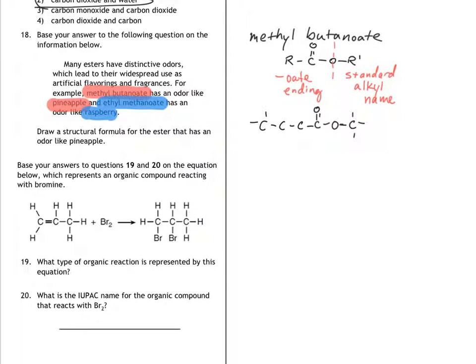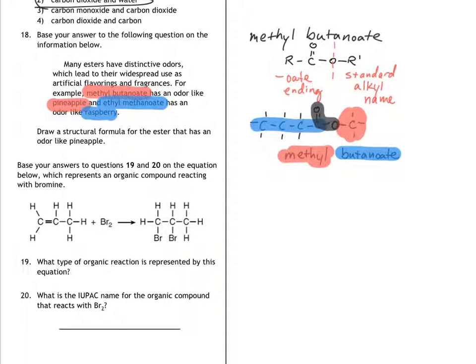And each one of those carbons needs 4 bonds. And we're all set. This molecule's name would be methyl butanoate. And the fact that it's an ester is coming from the double bonded O with the oxygen bridge.